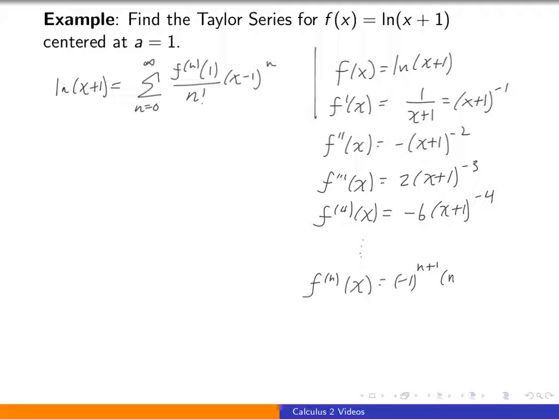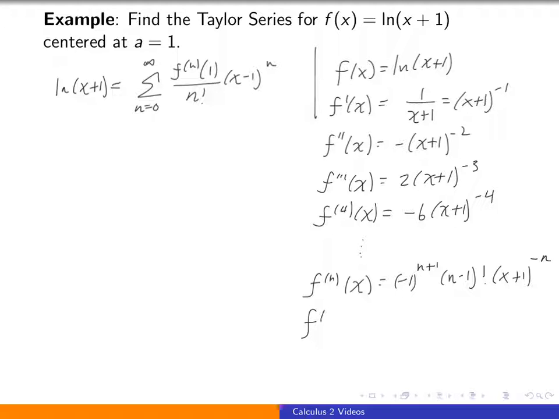So the pattern would be n minus 1 factorial, because when n is 4, we have 3 factorial, 1 less. When n is 3, we have 2 factorial, 1 less. And then we also have an x plus 1 raised to a power. The power for the first derivative is minus 1, second derivative is minus 2, third derivative is minus 3, so the nth derivative should be minus n.